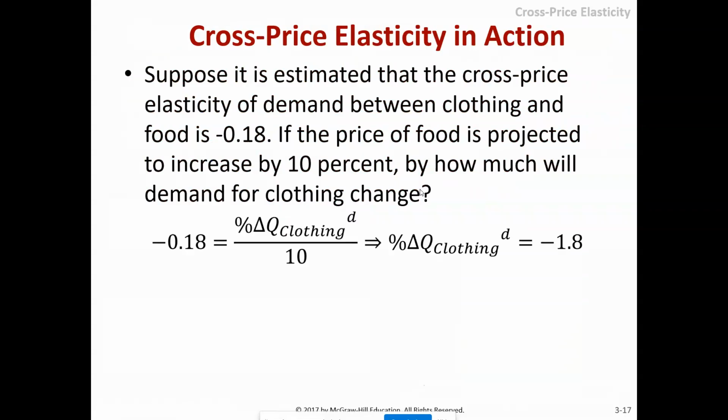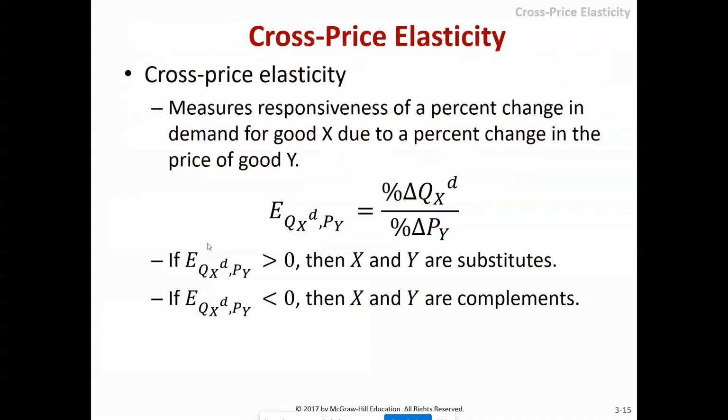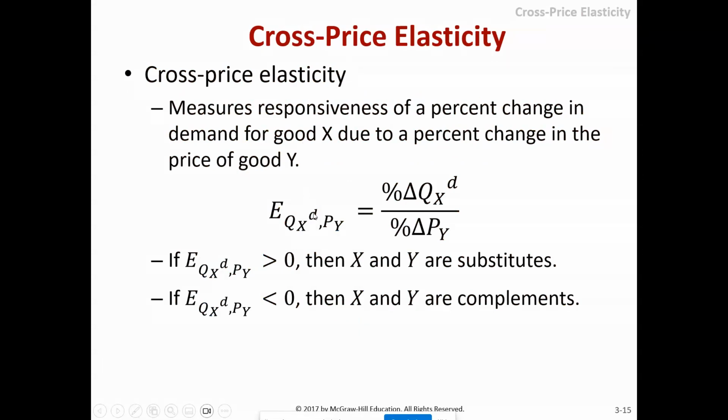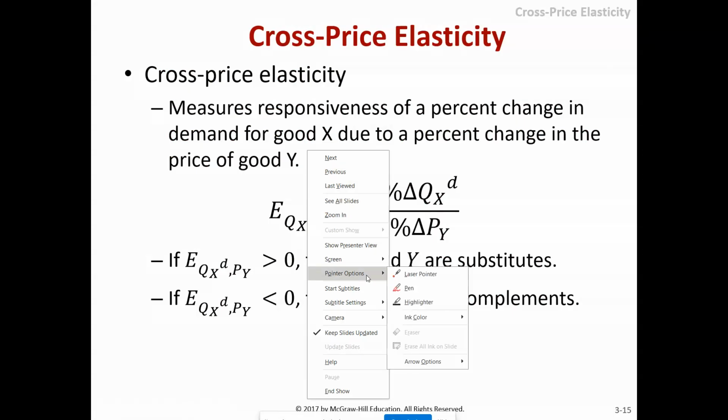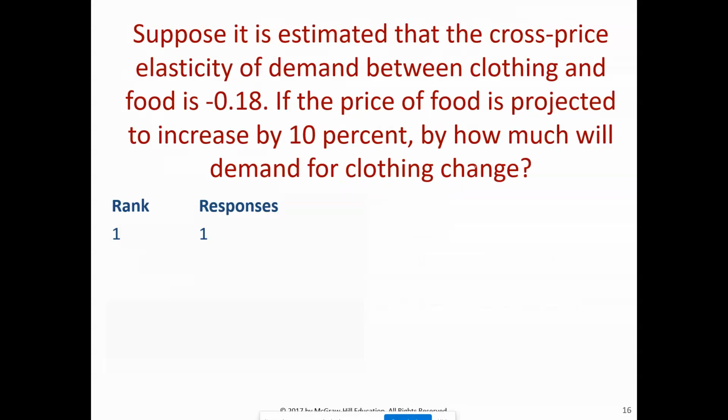All right. So we use the formula, right? We use the cross-price elasticity formula right here. It tells you that the cross-price elasticity coefficient is negative 0.18, and also tells you the price change.